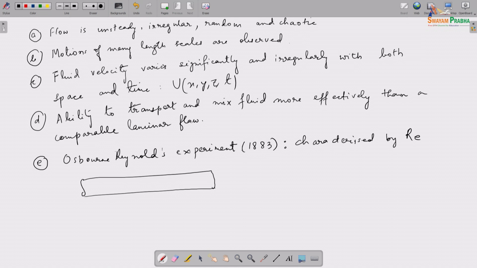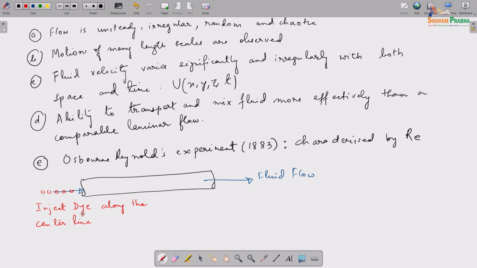Essentially you have a pipe, and there's a fluid flow happening, and then we inject dye along the center line, and this is a pipe.